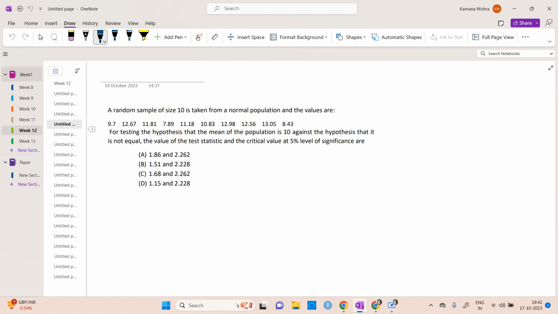The mean of the population is 10 against this hypothesis, so the mean is not given here because we are just testing this hypothesis. The null hypothesis is mu equal to 10, and the alternative hypothesis is mu not equal to mu naught, which is equal to 10. You can write it like this.